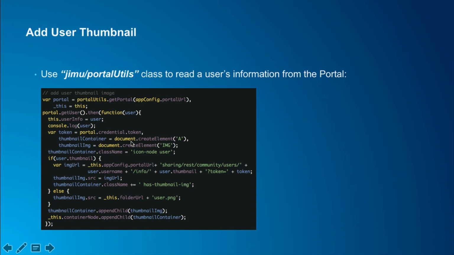I'm not really going to dive into the details of this chunk of code. Basically what it does is it gets the user's information, then reads the URL of the picture, gets it, and attaches it to the UI.